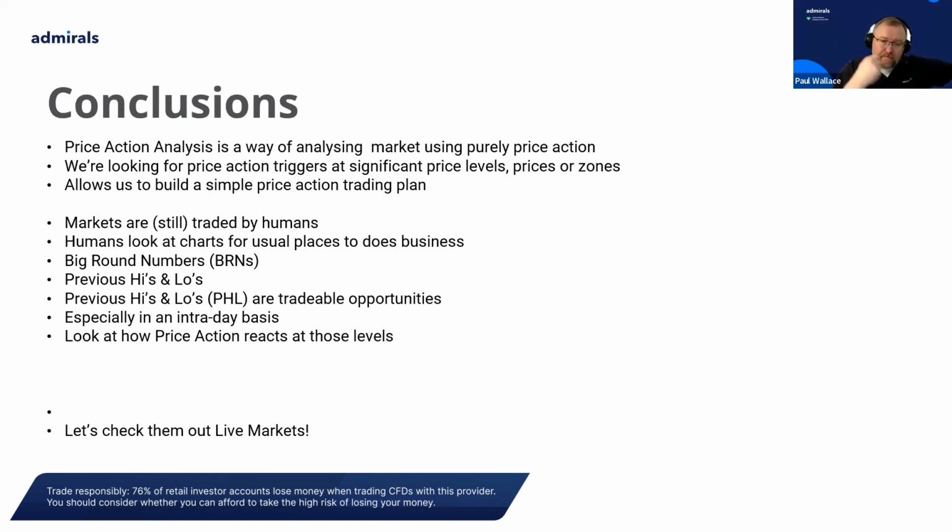Humans look at charts for interesting, usual places to do business. So big round numbers, and also previous highs and lows, previous days', weeks', months', and years' highs and lows, are tradable opportunities, especially on an intraday basis, when you look at how price action reacts at those levels. That in itself can be the start of a very simple price action trading plan for you to take away.